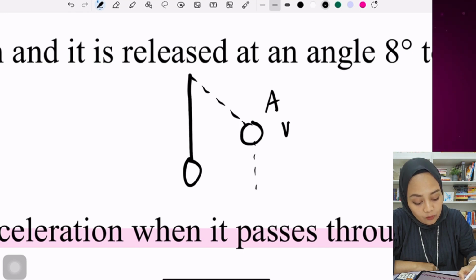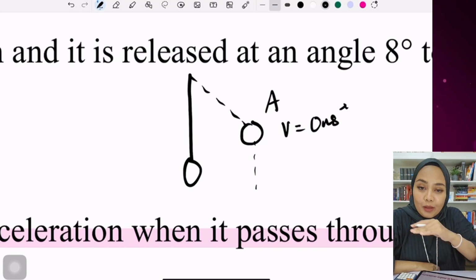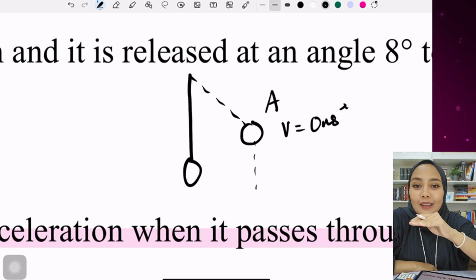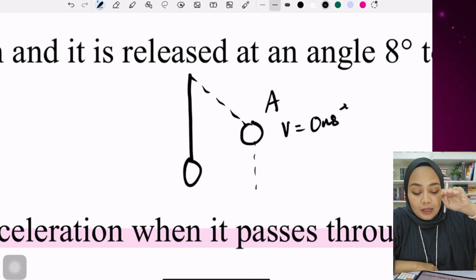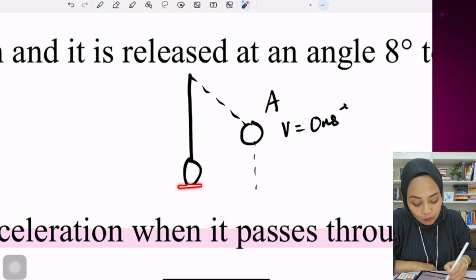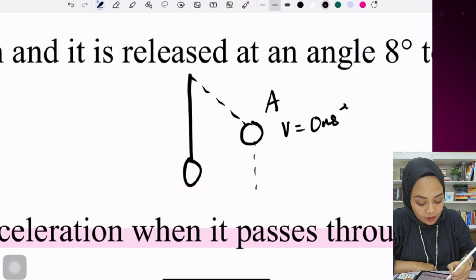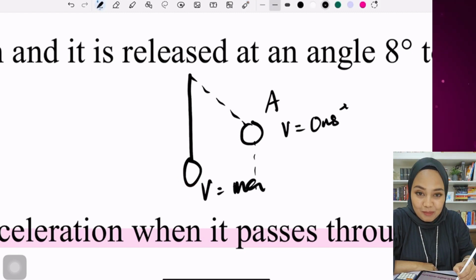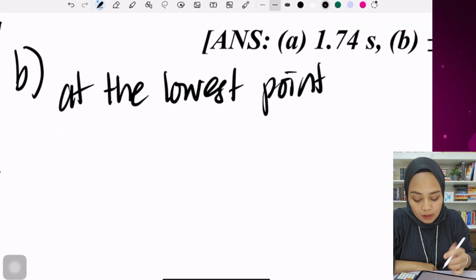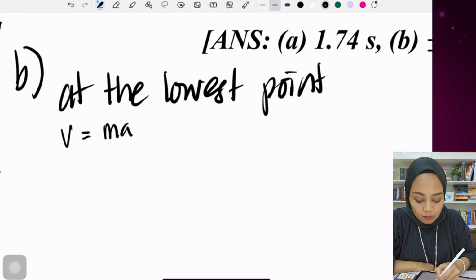This is where your V equals 0 meter per second, because when we swing the object, it will stop momentarily at the amplitude before it starts to move down. So if the velocity here is equal to 0, in other words, at the equilibrium, which is at the bottom, here is where the V is maximum. So we have to put this statement where at the lowest point, velocity equals maximum.